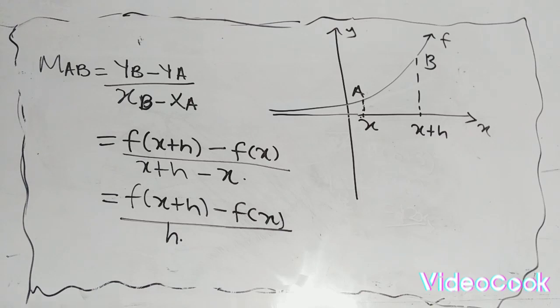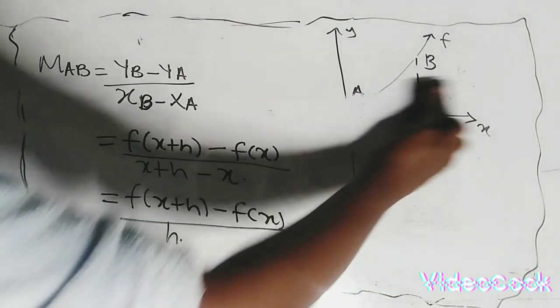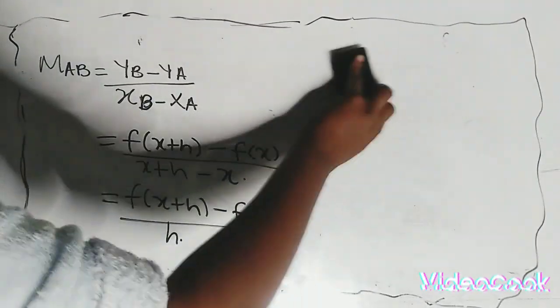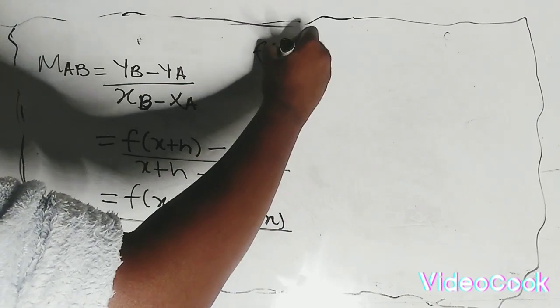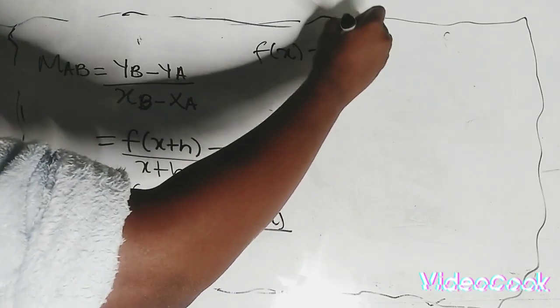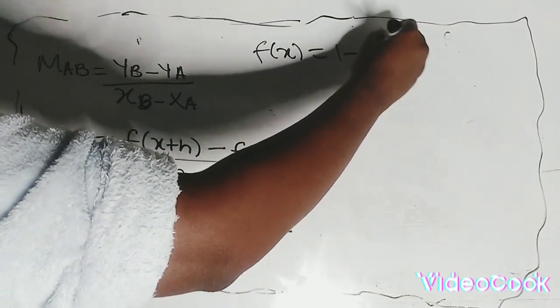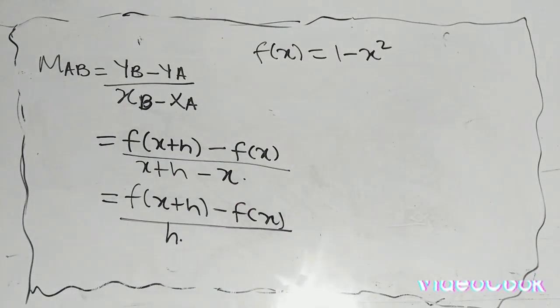Okay, so let's look at examples where we are just going to plug this formula in to get our solution. They said consider the function f of x is equal to 1 minus x squared.